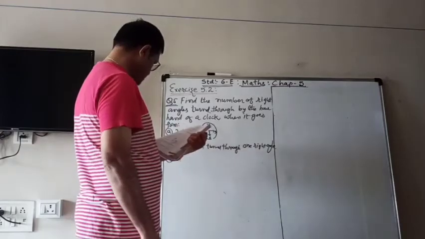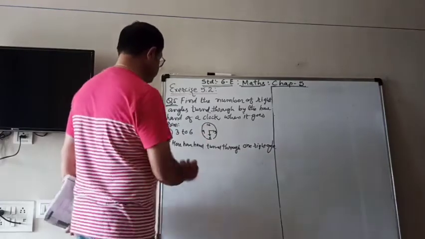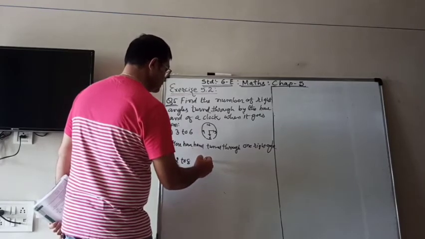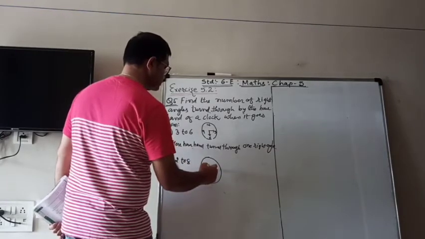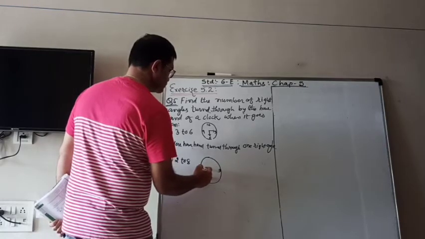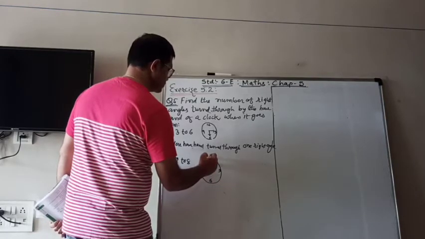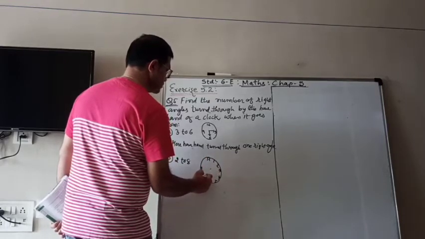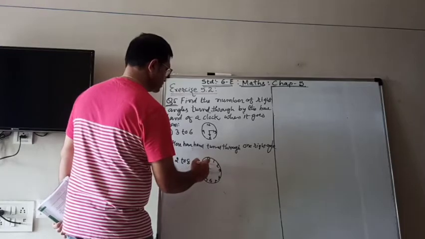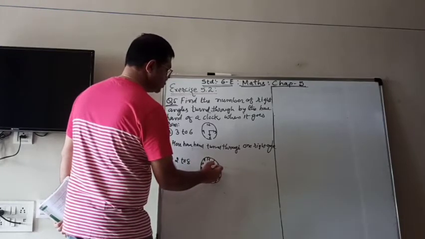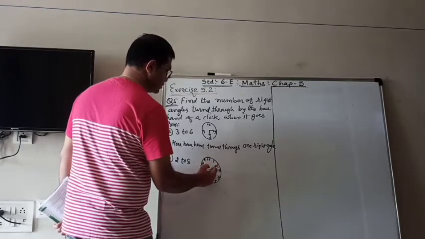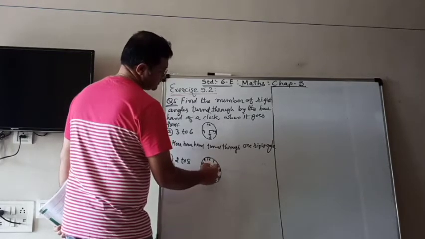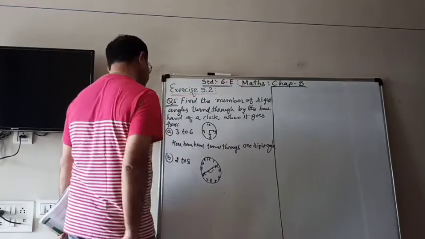B is 2 to 8. Now from 2 to 8, you can see that it is a half a revolution.